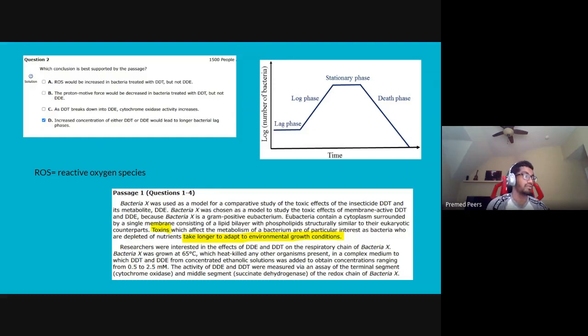Or you can also look directly at the passage, where it says that toxins, and we can take that to mean in this case DDT and DDE, can affect the metabolism of the bacterium and can cause them to take longer to adapt to growth conditions, as what happens in a lag phase where the bacteria are adapting to the new conditions that they are placed in. Any questions about that one?